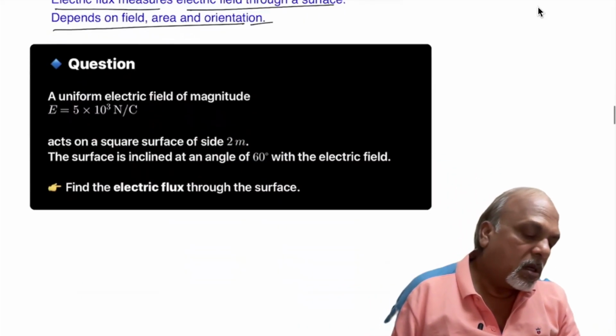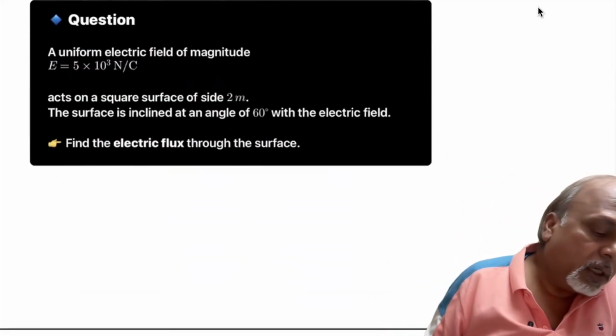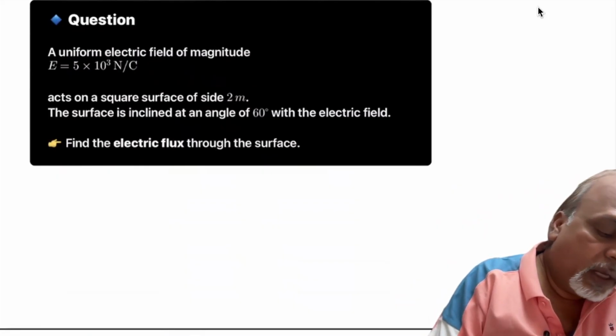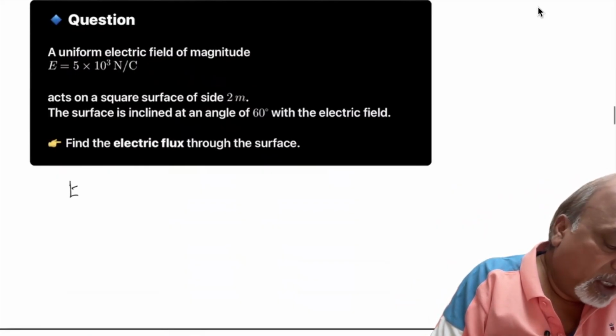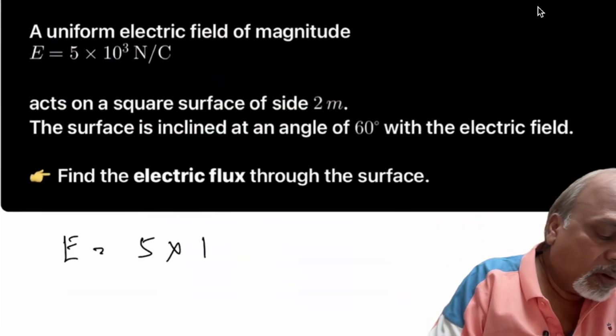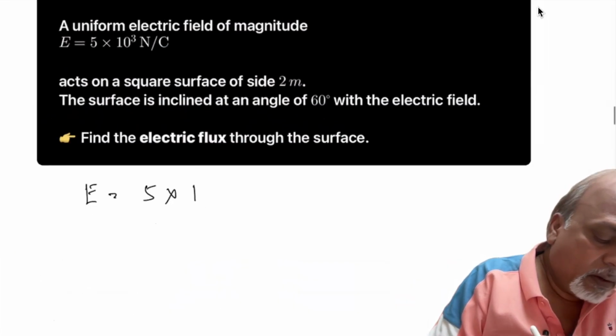Now, suppose, let us see, electric field is given in this question as E is equal to 5 into 10 raised to 3 Newton per coulomb.